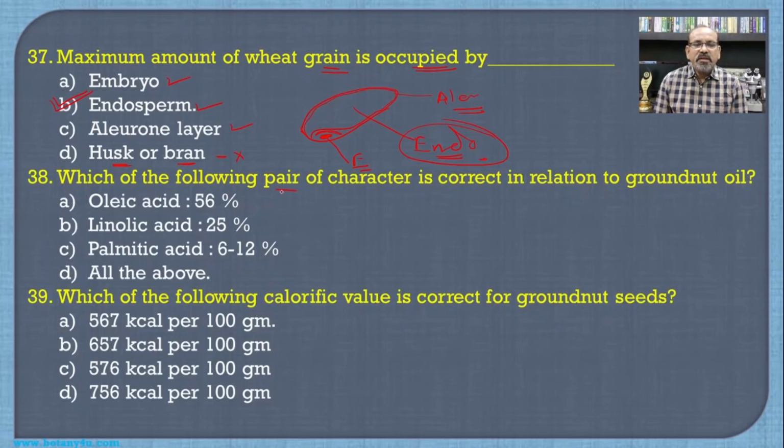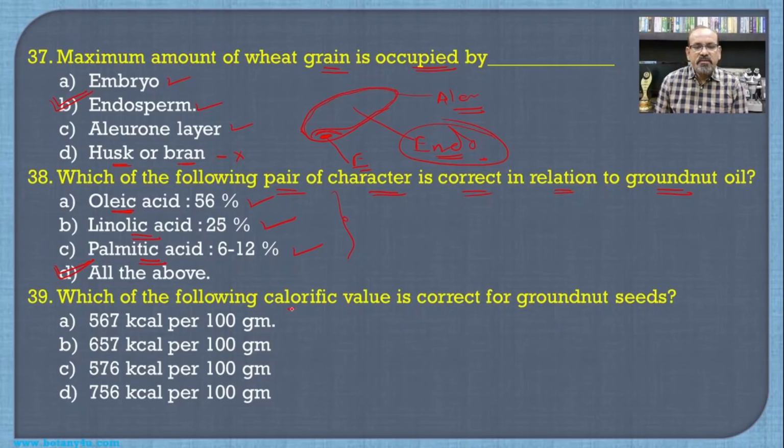Then, which of the following pairs of characters is correct in relation to groundnut oil? In groundnut oil there is a presence of oleic acid, that is 56%, linoleic acid, that is 25%, and palmitic acid, that is 6 to 12%, according to the chemical composition of groundnut oil, and hence all the above becomes the answer for this question.